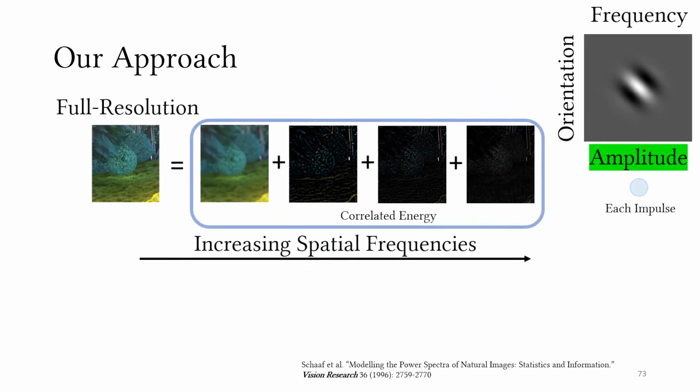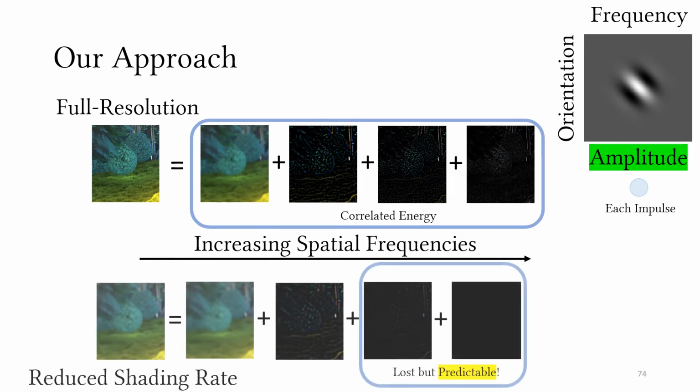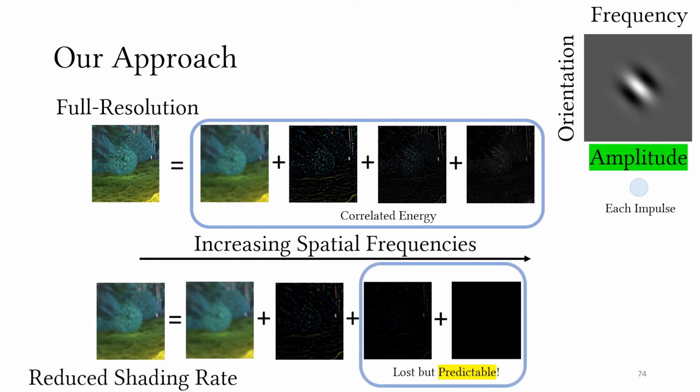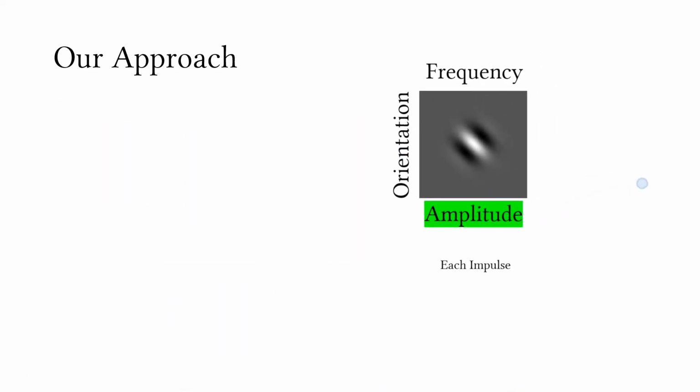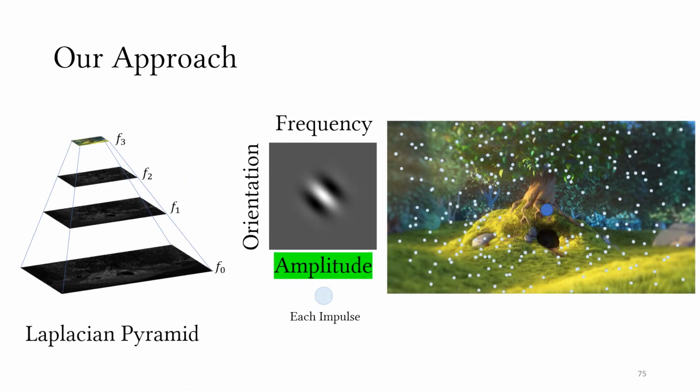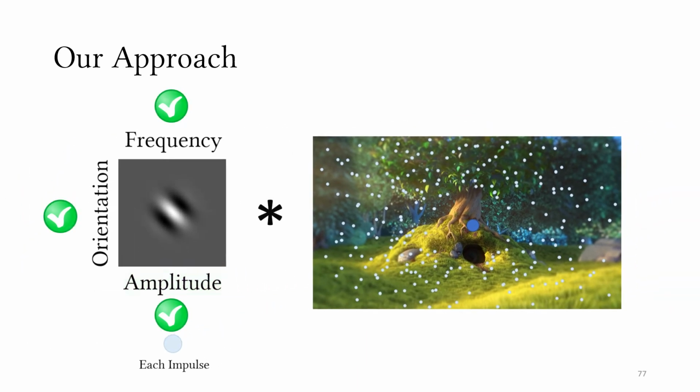For estimating the amplitudes, we rely on an assumption grounded in natural image statistics that energies of different spatial frequencies are correlated with one another. So even though high spatial frequencies are completely missing, we can estimate their energy from the preserved lower spatial frequencies. To this end, we build a Laplacian pyramid of the foveated image and estimate the Gabor amplitude from the accurately preserved frequency bands.